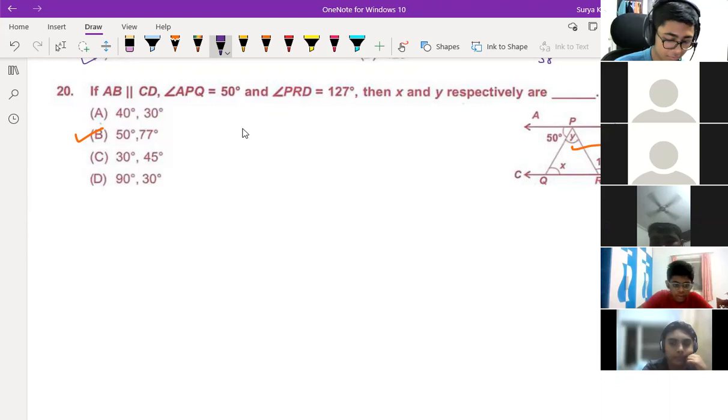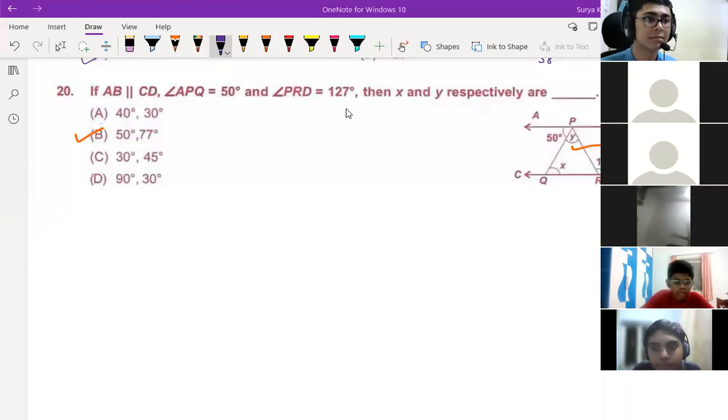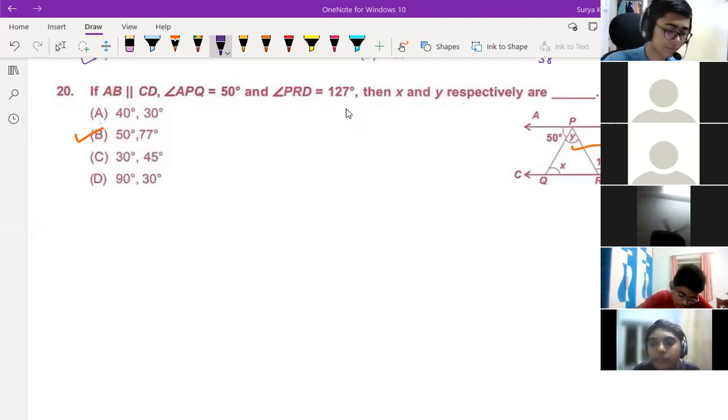Children who are getting the answer, just write it in the chat. See here who is getting the answers. I only tell option B. See, Sahil also got. Priyanshu also got. Then Hania also got the same answer. Anyone who is not able to get this answer? Sir, I got it, sir. B only.